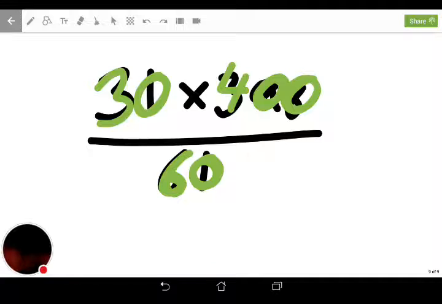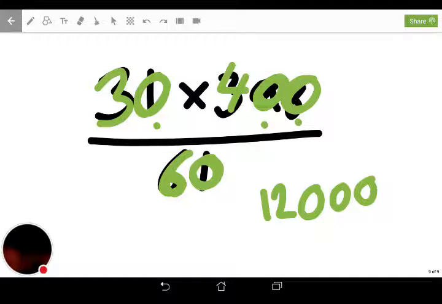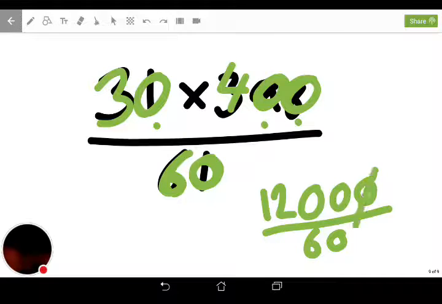So 30 times 400, so 3 times 4 gives me 12, and then I've got 3 zeros there, so I'm going to add 3 zeros onto my 12. So that gives me 12,000 divided by 60, that's still on the bottom. And I start to cancel out some of these, so I've got a 0 there and a 0 there. So I've now got 1200 divided by 6.